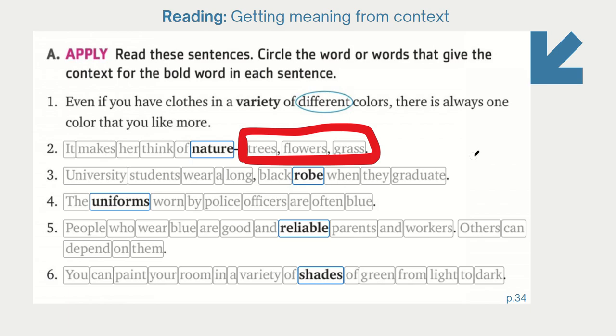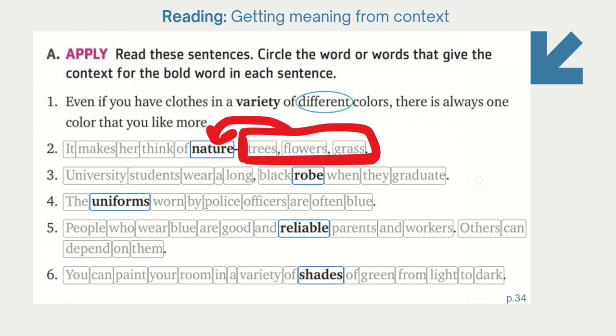And remember, from the previous lesson, I mentioned punctuation like comma, colon, hyphen, dash, and parentheses, giving you more meaning or more understanding of the context. So the hyphen is here, and also the context, trees, flowers, and grass, we can guess it means nature, right?